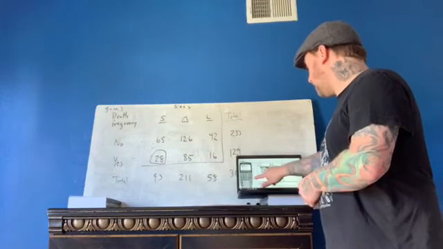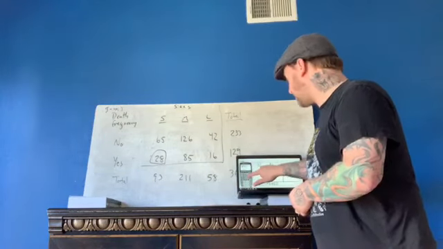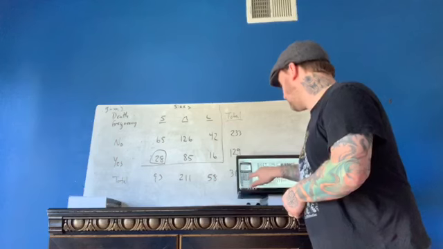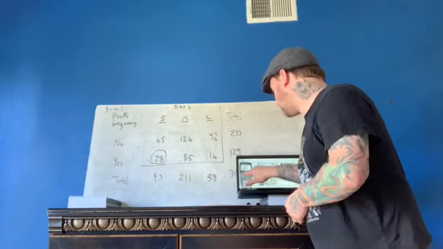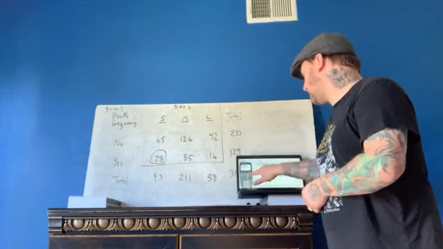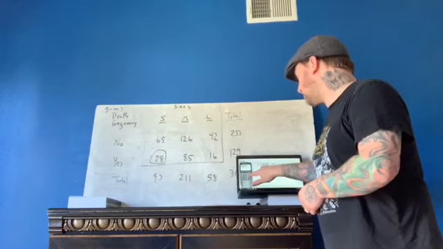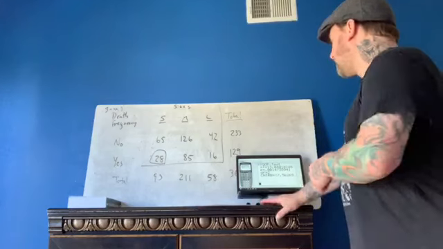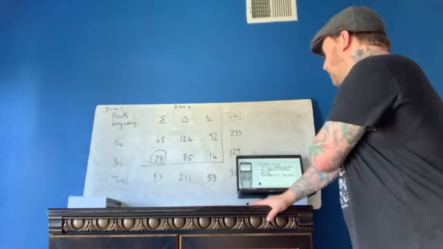Okay, so now we run a chi-square goodness of fit test. We hit stat, go over to tests, go to the chi-square goodness of fit test, which is right there. L1, L2, degrees of freedom is 2. Calculate. Chi-square is 13.04.